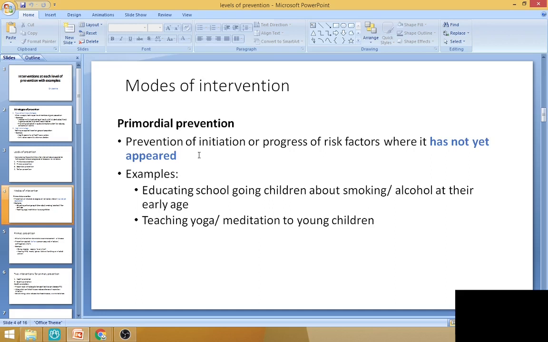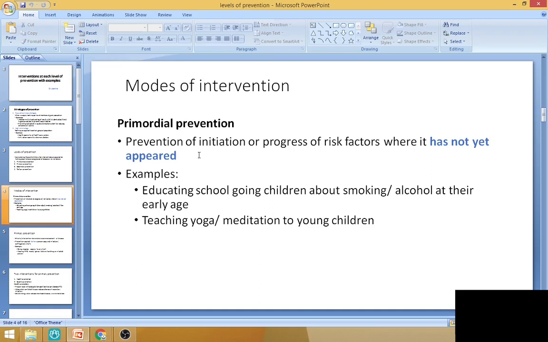Similarly, teaching yoga and meditation to young children so that they keep their mental health good. As we grow older, our responsibility increases. As our responsibility increases, what happens? Mental disorders are also NCDs. Mental disorders like depression and anxiety increase.